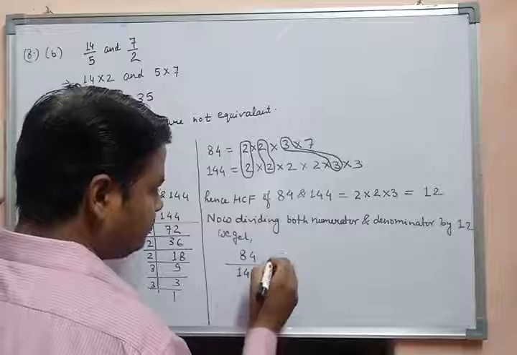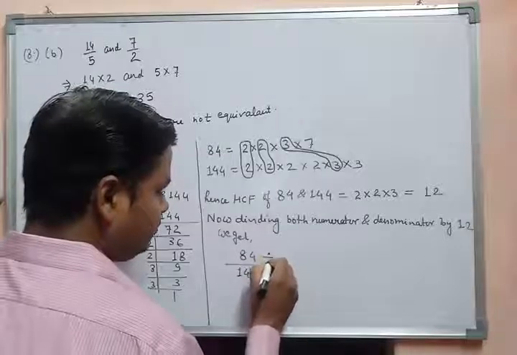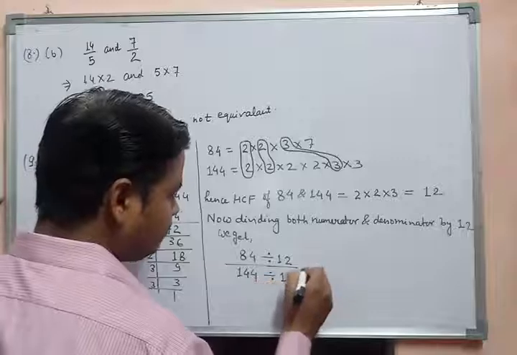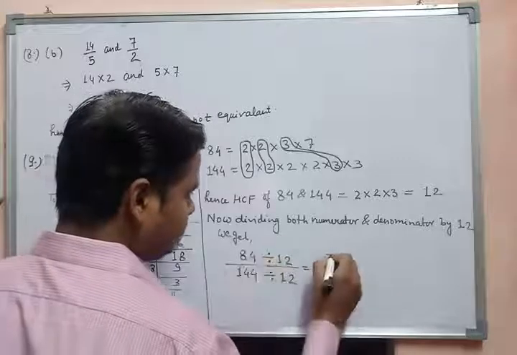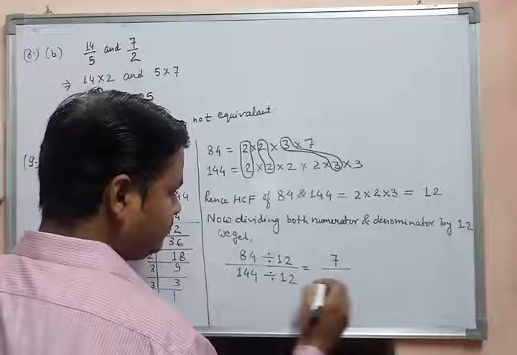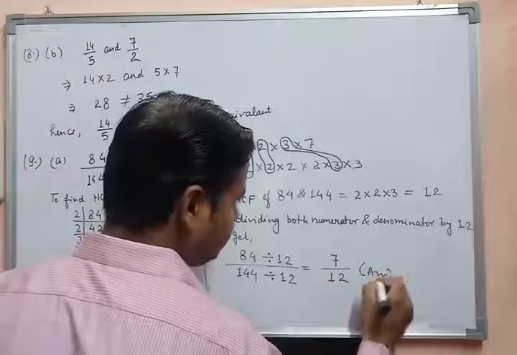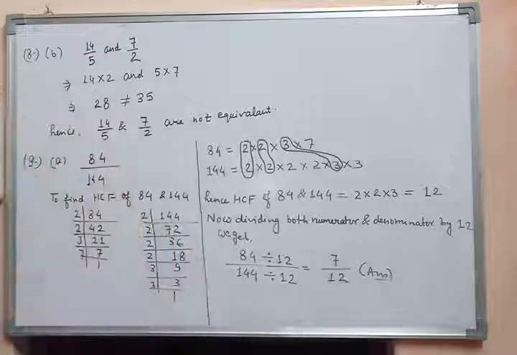We have to divide by 12, then you will get 7 from 84 and 12 from 144. Now this is the standard rational number of this rational number.